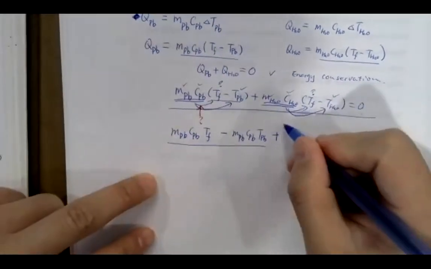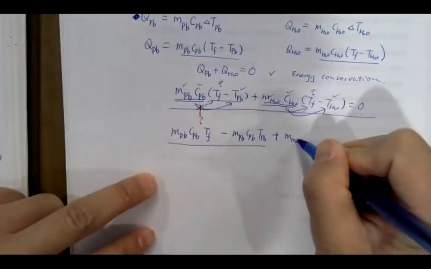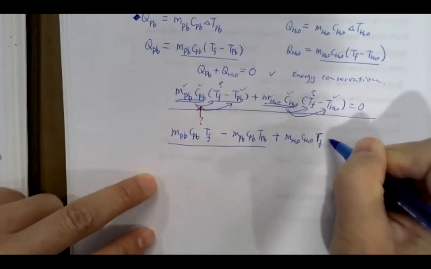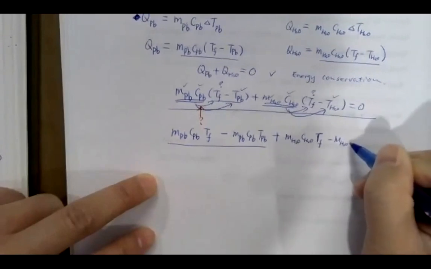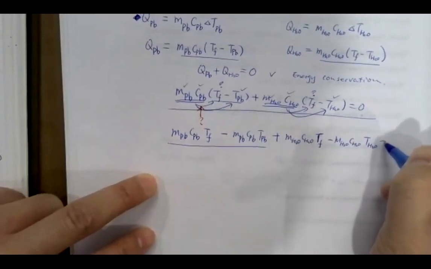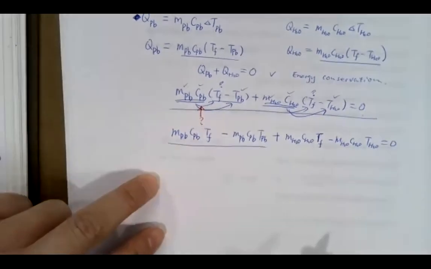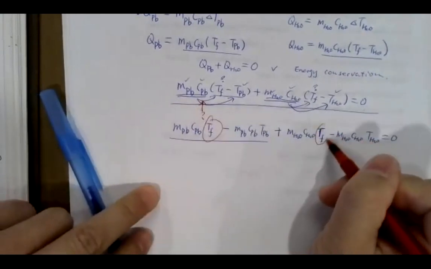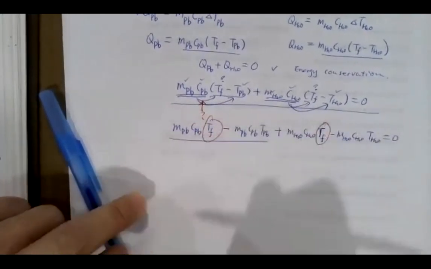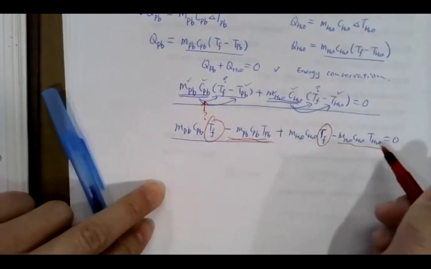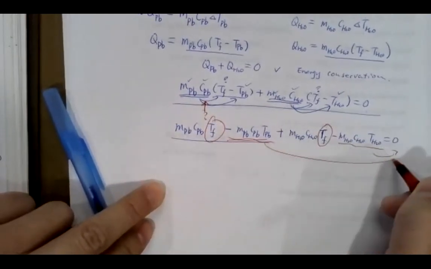Now plus M_H2O C_H2O T_F minus M_H2O C_H2O T_H2O, that goes to 0. You're looking for T_F, so there's T_F here and T_F here. Now you're going to combine those two together, and then move the rest to the other side of the equation.